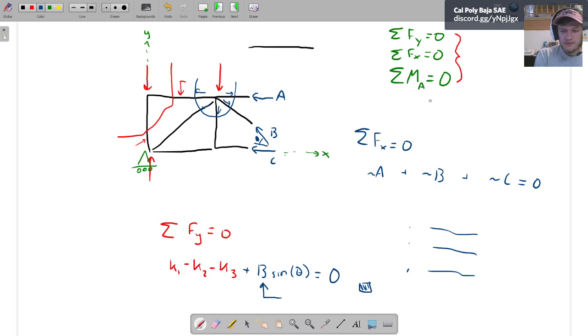Often, if you're doing a problem like this, there are convenient places to make your cut. And remember, we can make the cut whatever shape we want. So let's say I cared about this member here. Well, I could make my cut like that, right?